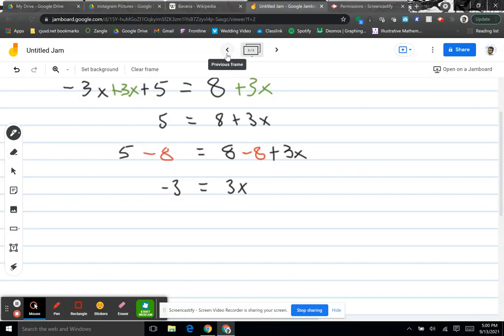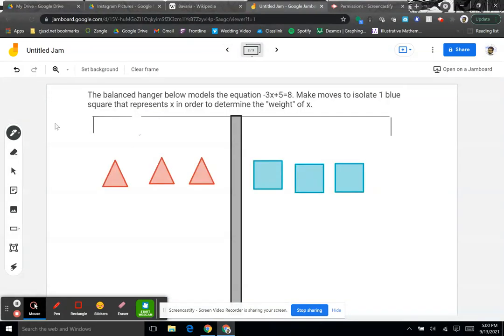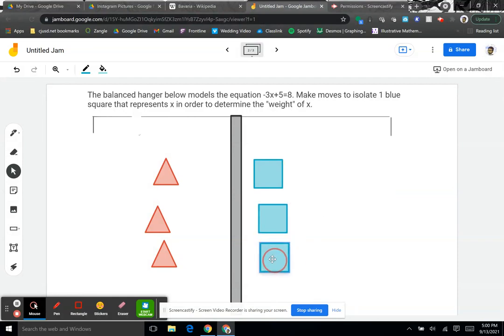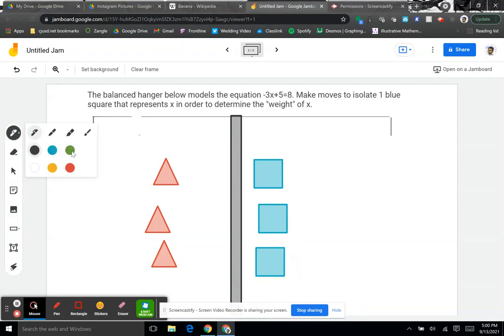So this might be the tricky part for them, but we wanted to know what one blue square was equal to. Well, look. This blue square can correspond with that red triangle, this blue square with that one, and this blue square with that one. This is basically saying that we've divided this into 3 groups.